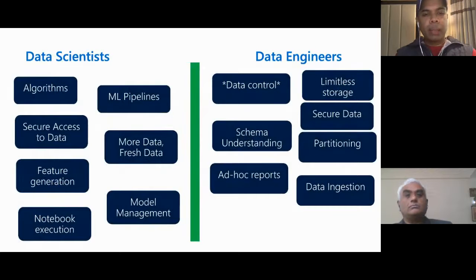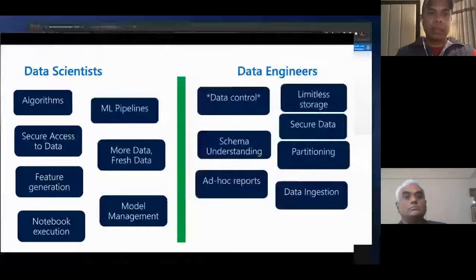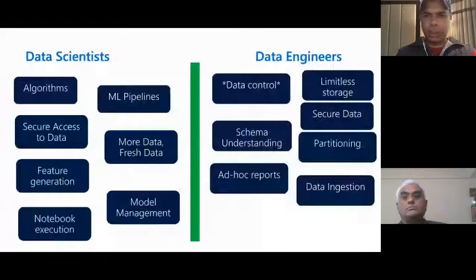If you can see this particular slide, I've put together some of the requirements that are typically of concern for data scientists and data engineers on the right side, right? So let me see if there was any question there. I got a ping. All right, there's no question.